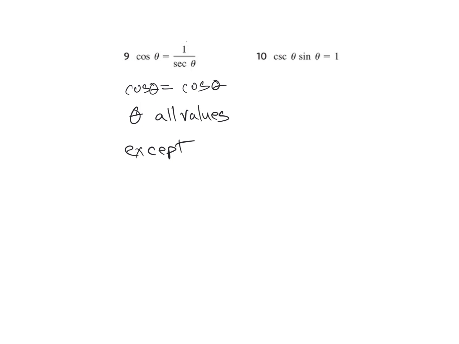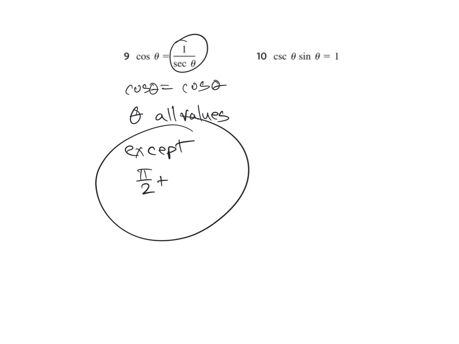So where is the cosine 0? At pi over 2 and 3 pi over 2. So since those are 180 degrees apart, we'll just say except pi over 2 plus pi n. 180 degrees will get you to 3 pi over 2. So the problem with this one is it seems like everything works except you have the secant in your denominator.